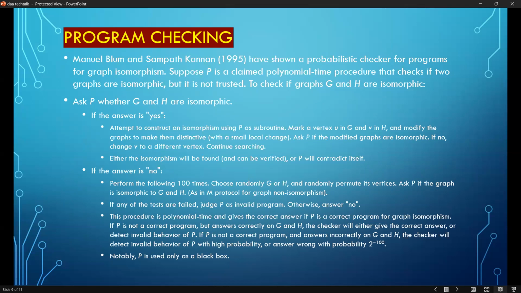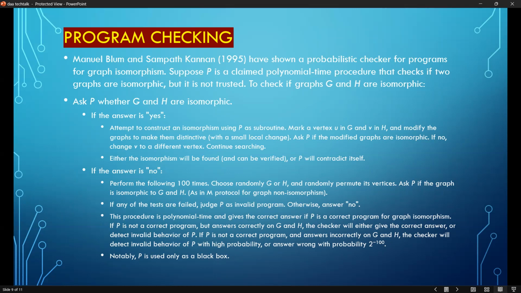If the answer is no, perform the following 100 times. Choose randomly G or H and randomly permute its vertices. Ask P if the graph is isomorphic to G or H, as in the interactive protocol for graph non-isomorphism. If any of the tests fail, judge P as an invalid program. Otherwise, answer no. This procedure is polynomial time and gives the correct answer if P is a correct program for graph isomorphism.